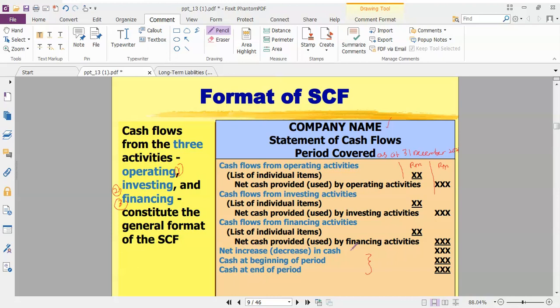Then we must put the net increase or decrease in cash. If we got a negative, that is a decrease. If we got a positive amount, that is an increase.